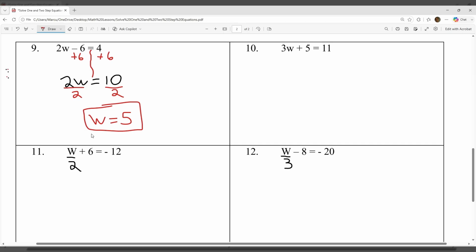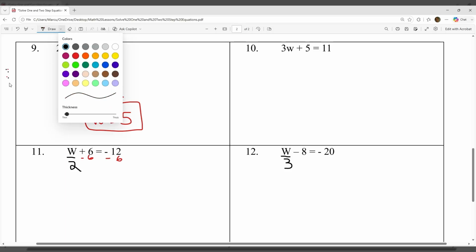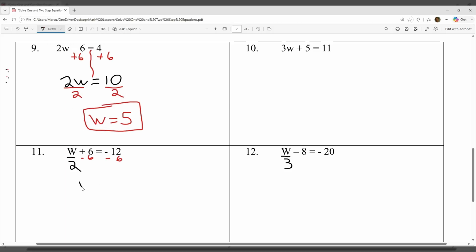Question 11, it's somewhat similar, but this time it's a plus 6. So because of that, you're going to subtract 6 both sides. So subtract 6 from the 6, subtract 6 from the negative 12. Changing the colors. So now you're going to get W over 2, and that's equal to a negative 18.